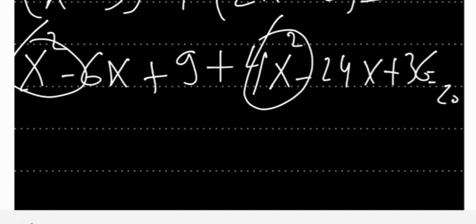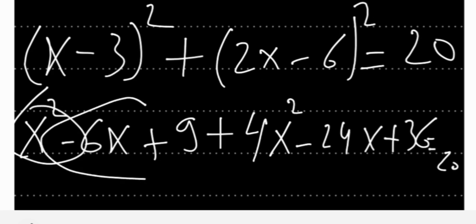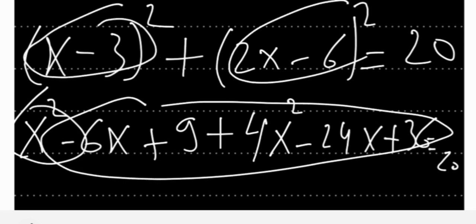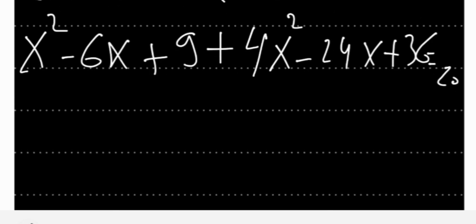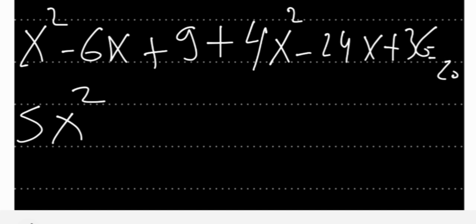In this part over here, guys, I just took this part squared. I didn't do anything fancy. This is why I did it fast. So 5x², this with this, this with this. Now we have minus 6 minus 24, minus 30x.